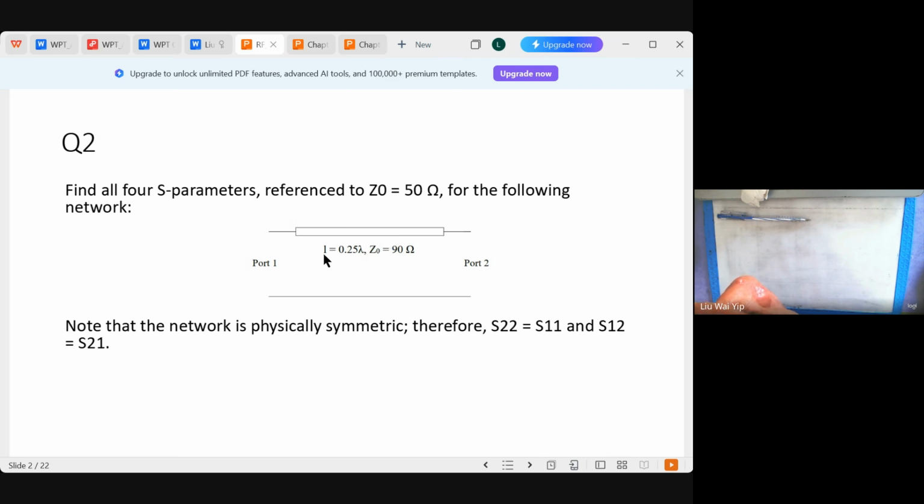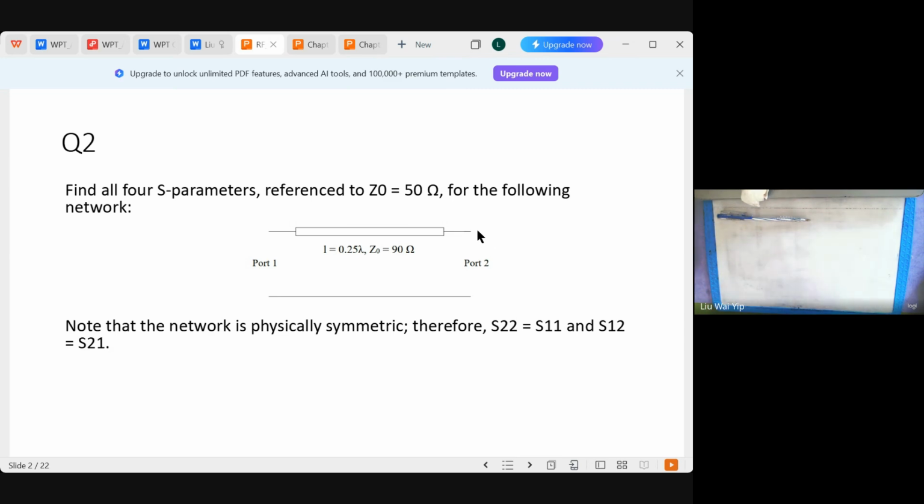The length is a quarter wavelength, but the impedance here is 90 ohm. The reference impedance is 50 ohm. So obviously the transmission line has a different characteristic impedance from the reference one. Then we are going to have reflection from the source and from the load.